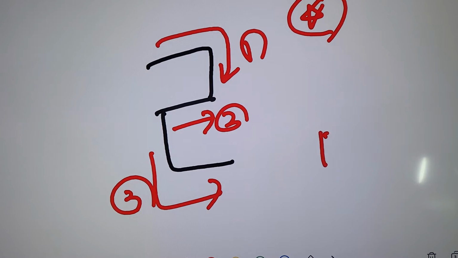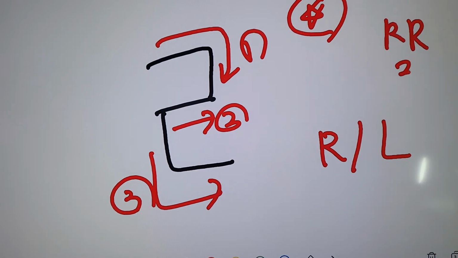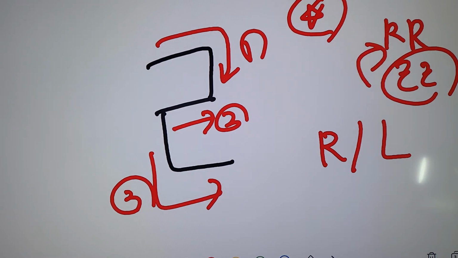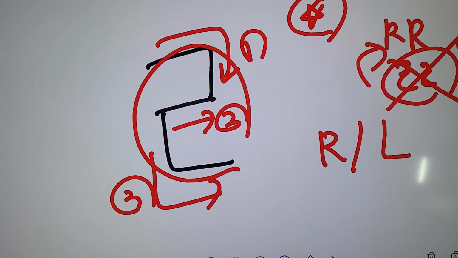This one covers between R and L. Historically we had a double R sound as well, to cover only double R, right? But in modern Korean we got rid of this double consonant. That's why only one single consonant covers two different sound values, R and L, right?